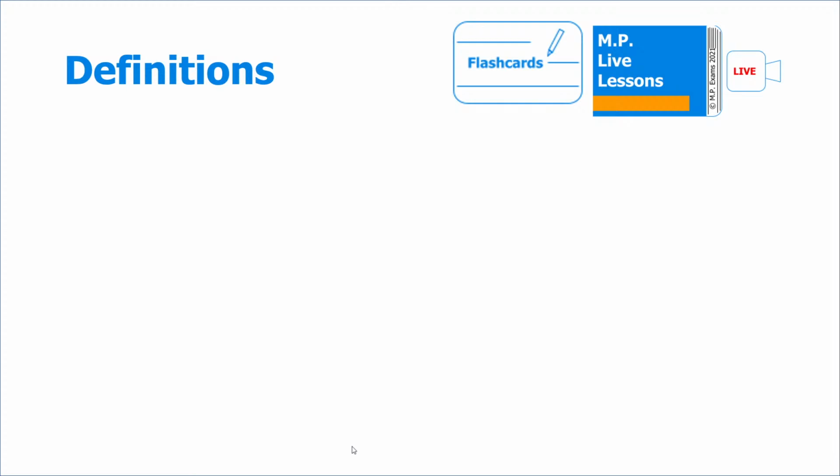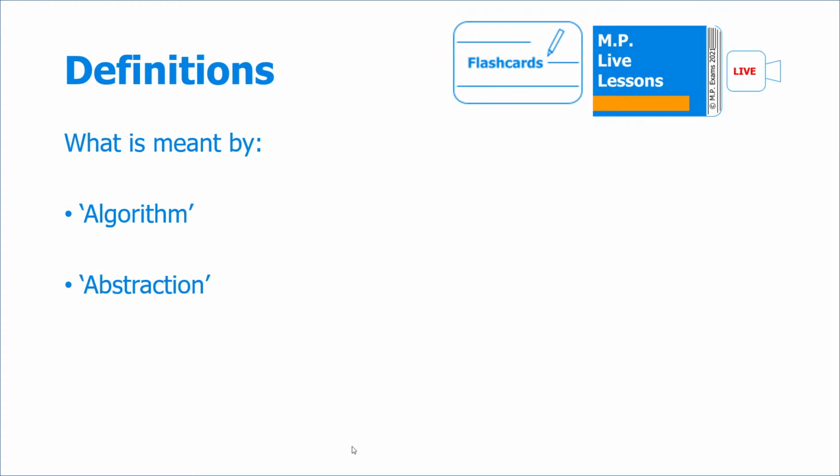First, what do we mean by algorithm, abstraction, and decomposition? So I'll give you some time to do this, and then I'll write the definitions.